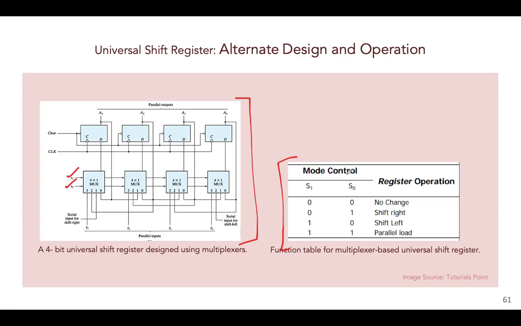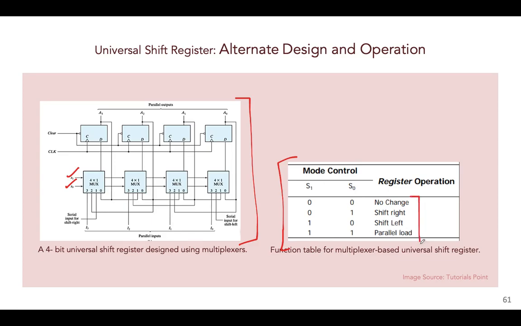When S1 and S0 are both 0, there is no change in the register. Nothing happens. When S1 is 0 and S0 is 1, this will perform a shift right operation. Okay. When S1 is 1 but S0 is 0, then it will perform a shift left operation. And when both these selection lines are 1, it will perform parallel load.